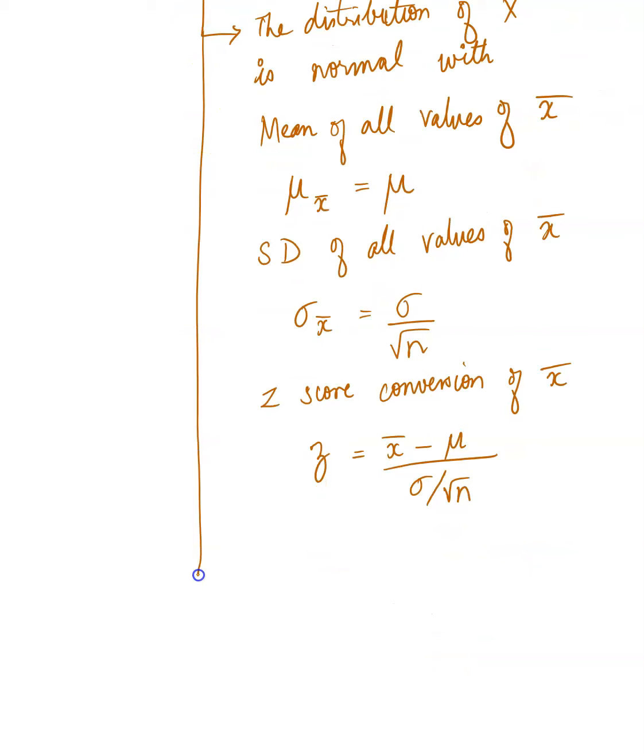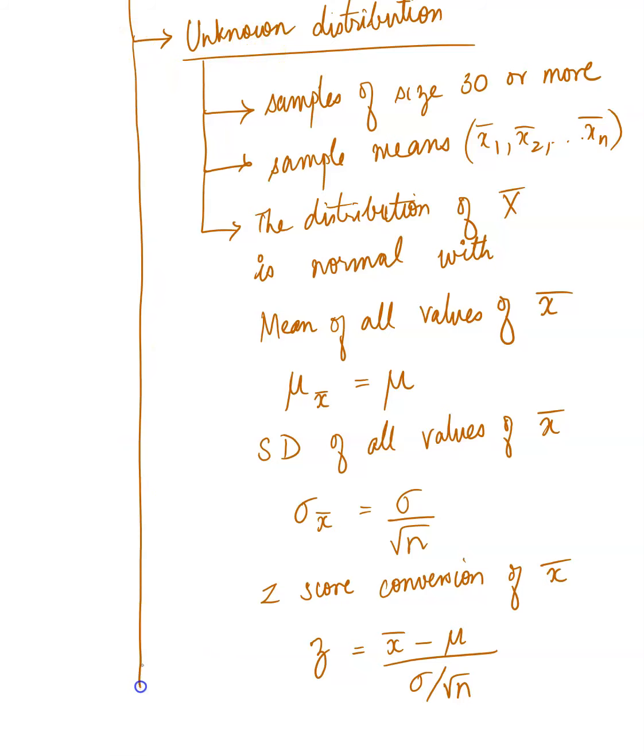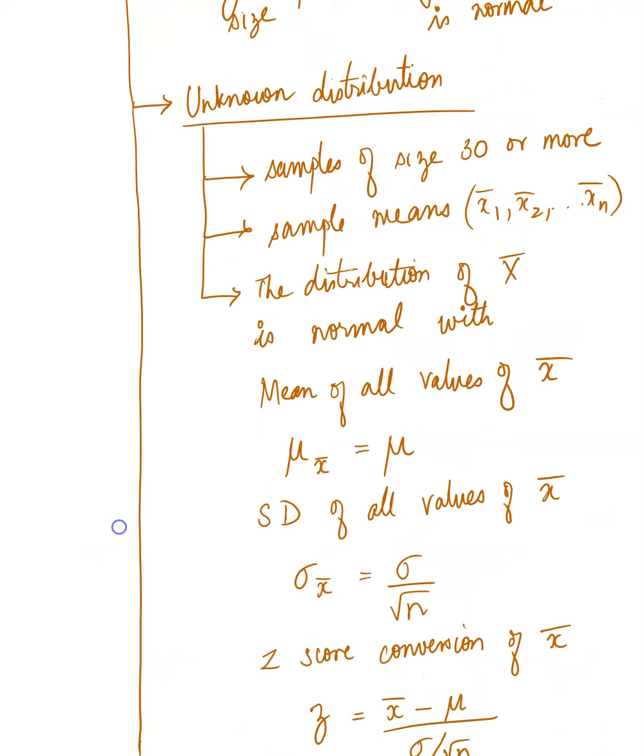And we had the other scenario. Oops, I put the wrong stem. So this was for the unknown distribution. So I'll come back here. And if it is a known distribution, meaning it is known to be normal, then we have no problem, because for unknown distribution we needed samples of size 30 or more.